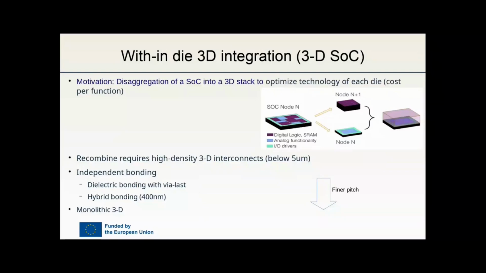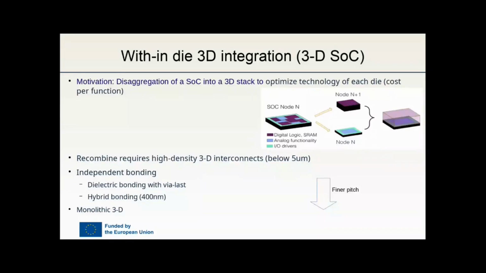If we want to develop 3D technologies that allow us to separate, to disaggregate the part of a system on chip, separating at the level of the gate between the different technologies, then we are going to need a kind of density for the vertical interconnect, a kind of pitch, which is below 5 micrometers.